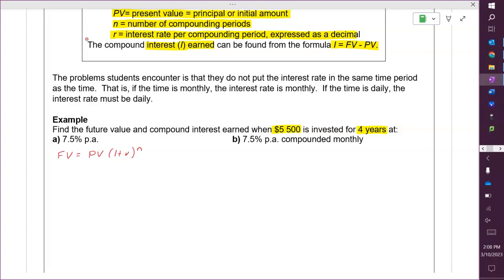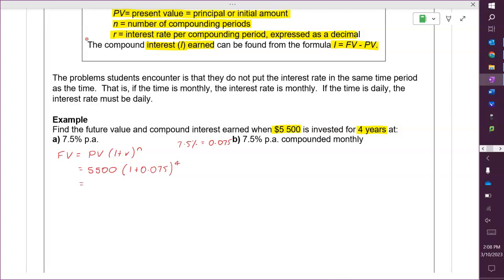PV stands for our principal amount, so 5,500, 1 plus. Now, we've got our interest rate of 7.5%. So our 7.5% is 0.075, if we turn that into our decimal multiplier. And N, which is our power, is the number of years, so 4.